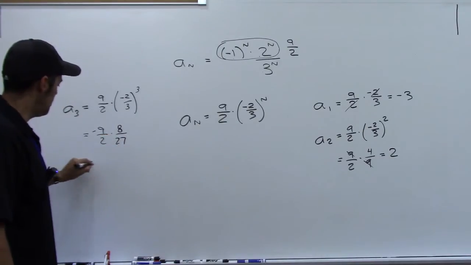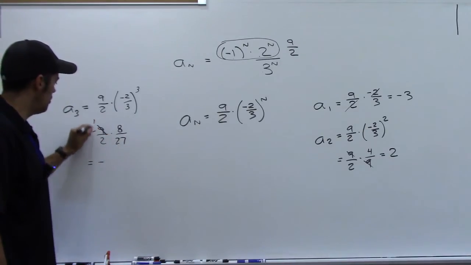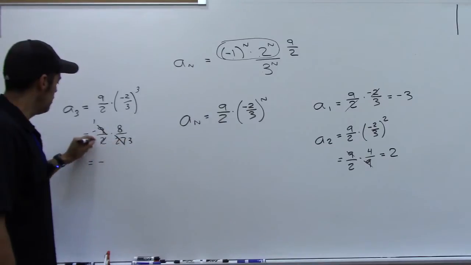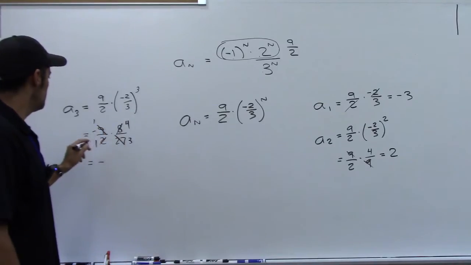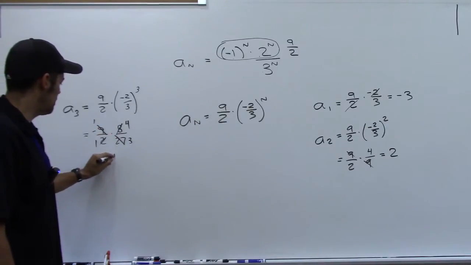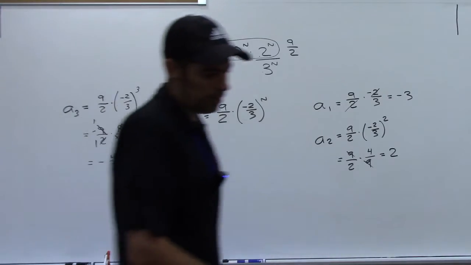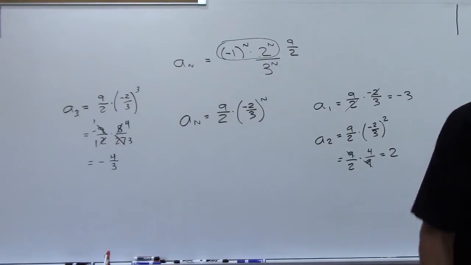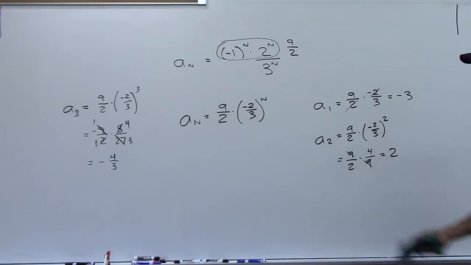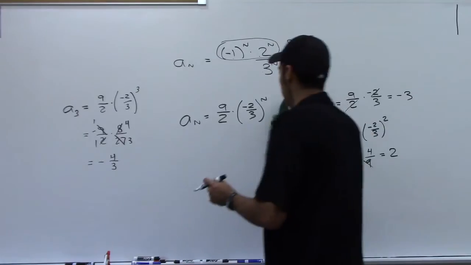And then we can clean this up. We have a negative, 9, 3, 1, 4. So we get 4/3. And I could keep doing this, but that matches up with the first 3 numbers that we had. And so that looks like we generated our sequence. All right.